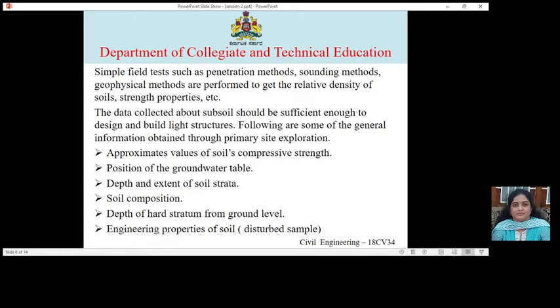Soil composition, depth of hard stratum from the ground level. Engineering properties of the soil, that is for a disturbed sample. So there are two different methods, disturbed and undisturbed sample. You will collect the sample of the soil from that particular site and investigate the engineering properties of the soil.